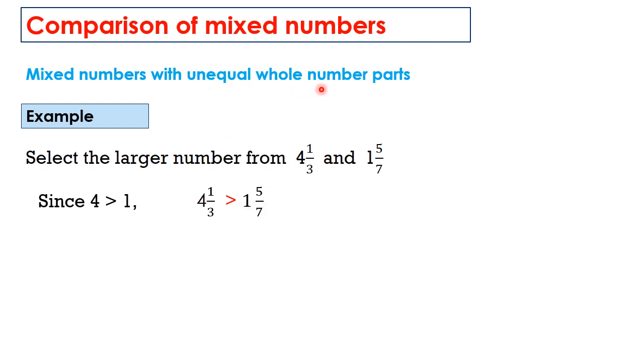When you have unequal whole number parts, by considering only the whole number value, we can decide whether the first or the second is larger. According to the given two mixed numbers, the larger mixed number is 4 and 1/3. And this is how we compare mixed numbers with unequal whole number parts.